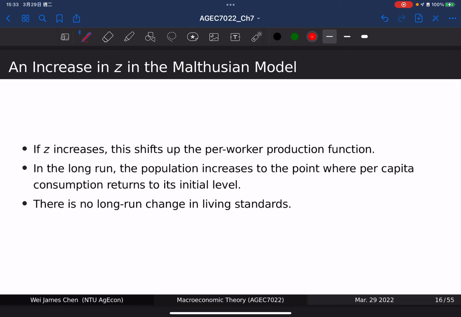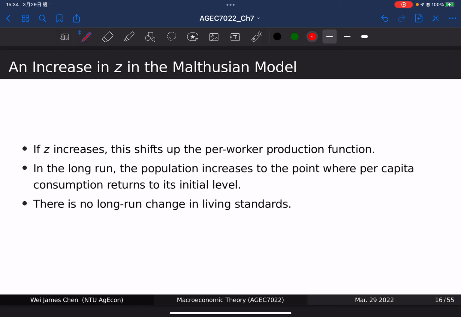So if Z increases, it obviously shifts up the per worker production function. Okay, the Z F of L must shift up. But in the long run, the population increases, because remember, if there is a growth in production, there is a growth in consumption.